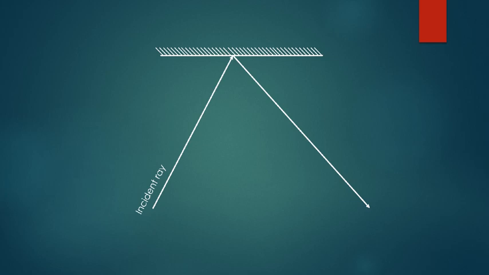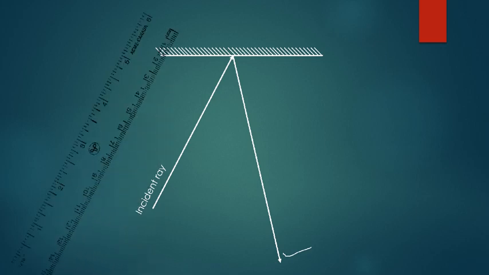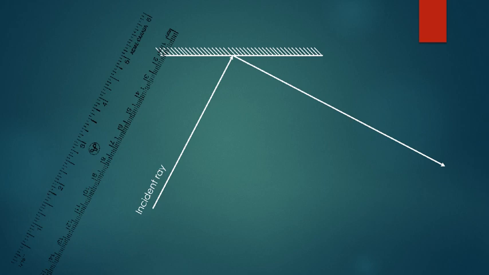But will this be the correct procedure? Should we draw a reflected ray in this way? Or is the earlier one correct? Or should we draw the reflected ray in this way? All these represent a wrong picture. So what should we do?